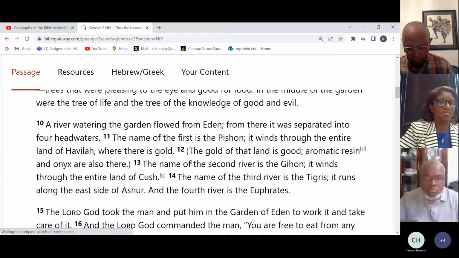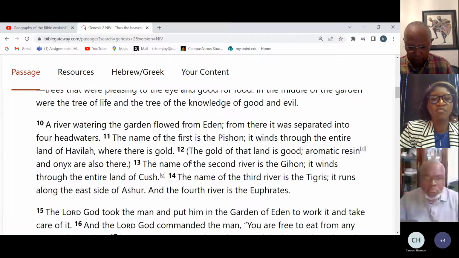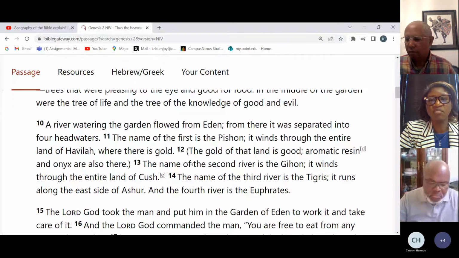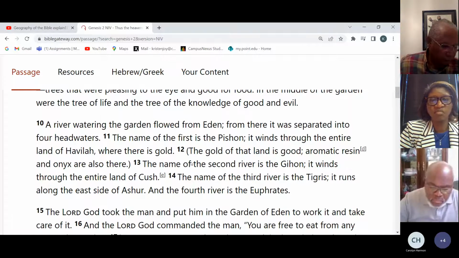This is from the New Revised Standard Version. The river flows out of Eden to water the garden, and from there it divides and becomes 4 branches. The name of the first is Pishon. It is the one that flows around the whole land of Havilah, where there is gold, and the gold of that land is good. Bdellium and onyx stone are there.